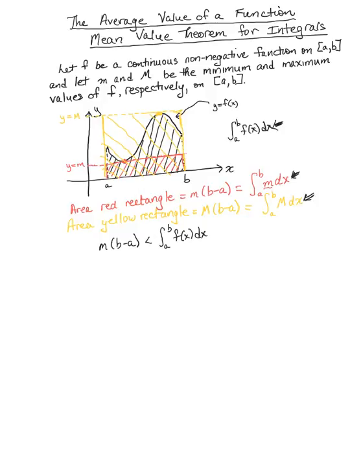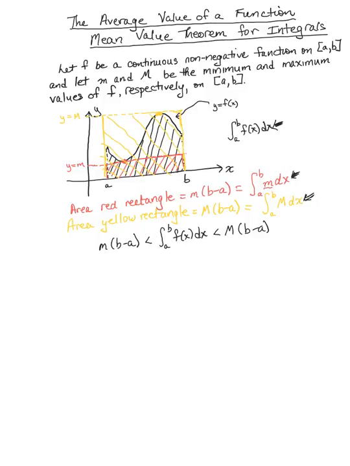And the area of the yellow rectangle is certainly more than the area under the curve. So I'll put that here. So what we're saying is that the area under the curve is bounded by the area formed at the absolute minimum and the area formed by the absolute maximum.